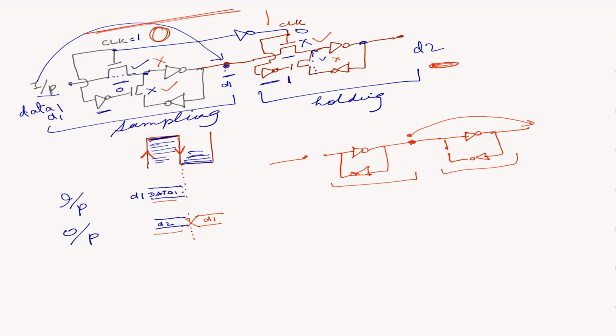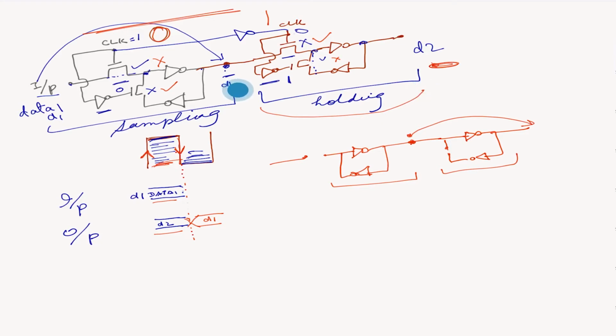Important here, if you think of setup and hold time: when the clock is 1 in this circuit, this node is sampling the input value, and the second stage here is keeping the previous value. So pay attention to this one.